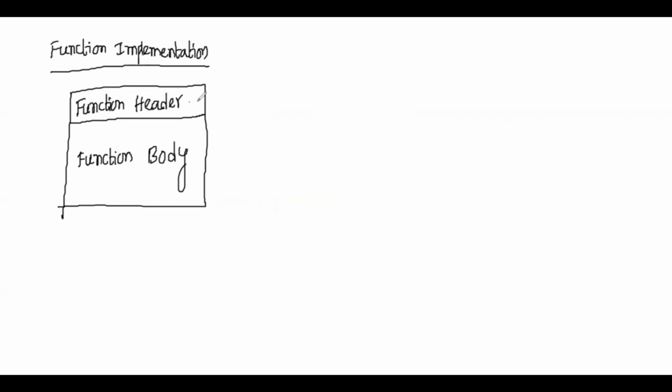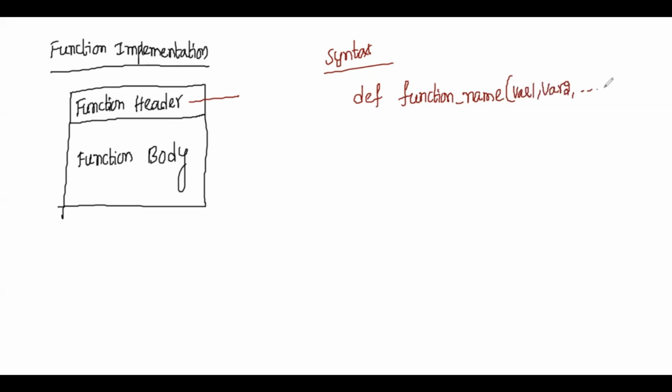In order to define the header, in Python we can define like this: def, write the name of the function here, function name, and then specify the parameters of the function like variable 1, variable 2, and so on.